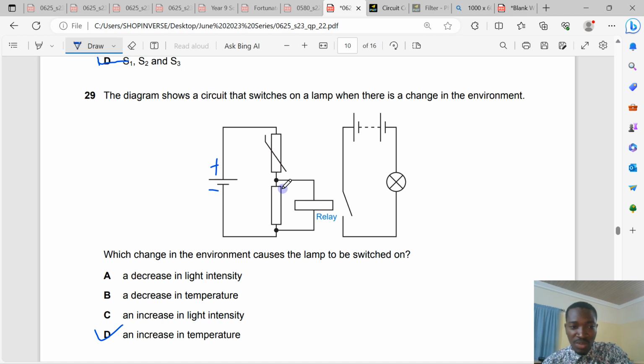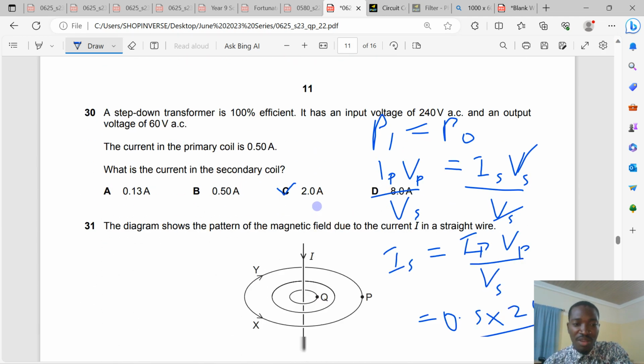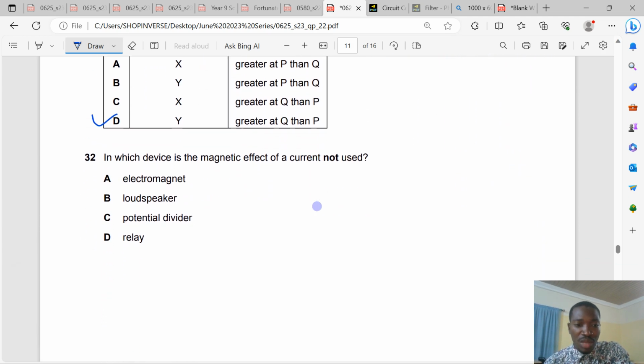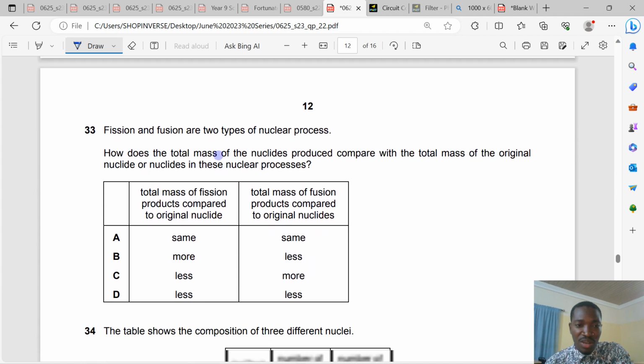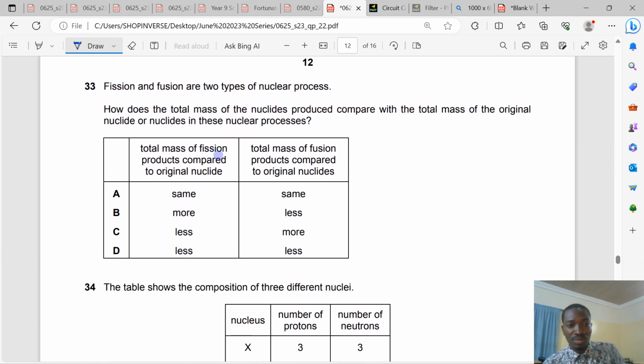This could act as a potential divider, and there's no form of coil in this potential divider. It's only the relay where you have the coil. So the potential divider does not use magnetism. Relay, of course, uses the magnetic effects of a current carrying conductor.